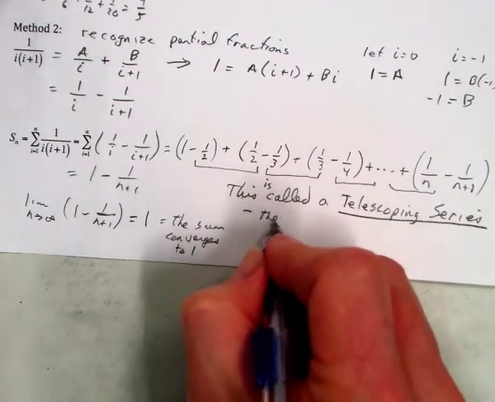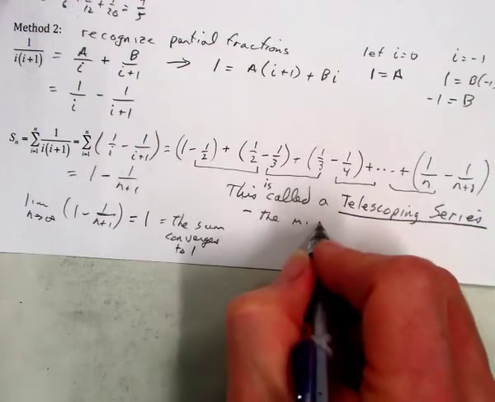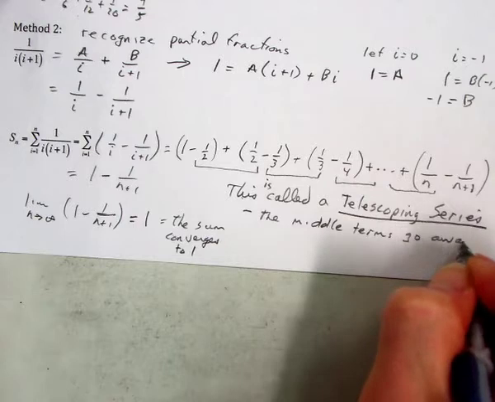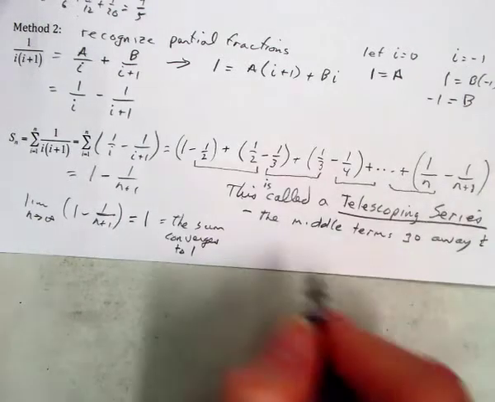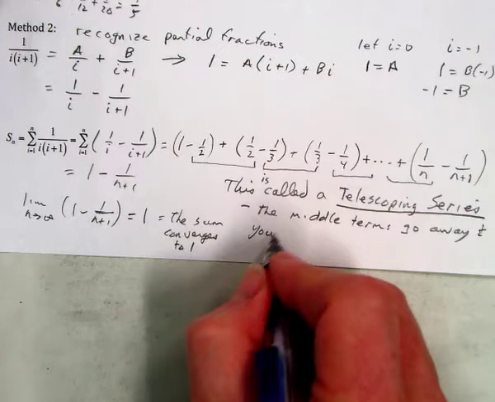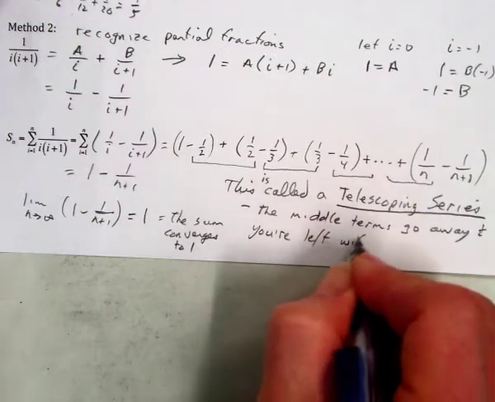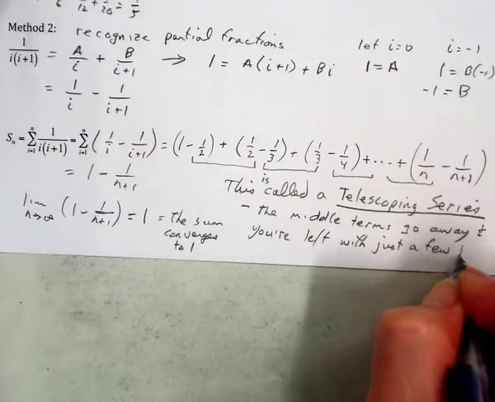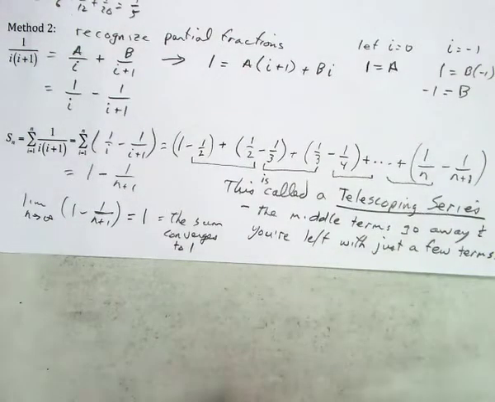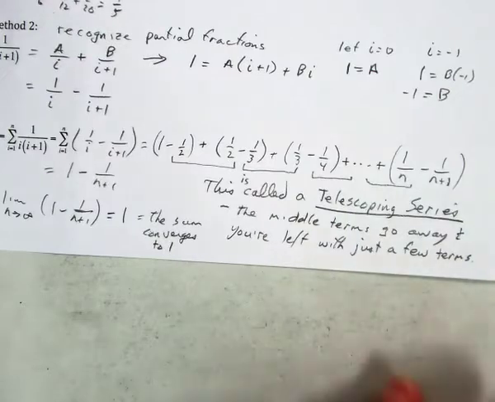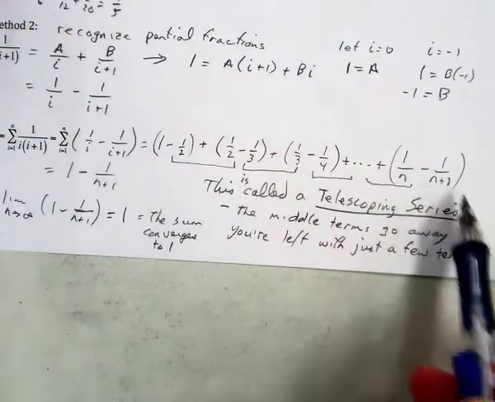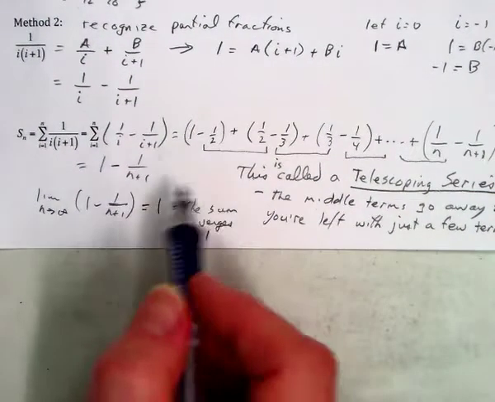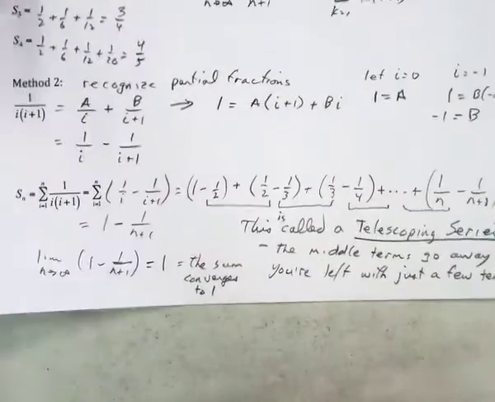This is when the middle terms go away and you're left with just a few terms. Now in this particular example, we're just left with 2, the first one and the last. But it's possible you have maybe 2 terms here and 2 at the end, or 3 terms here and 3 at the end. But the telescoping series is when you can write that, and those middle ones will go out.